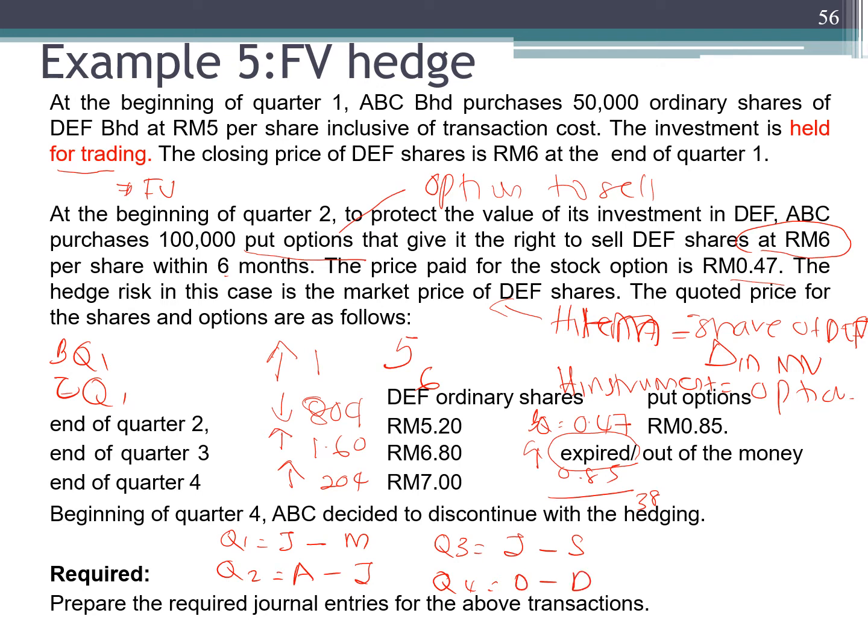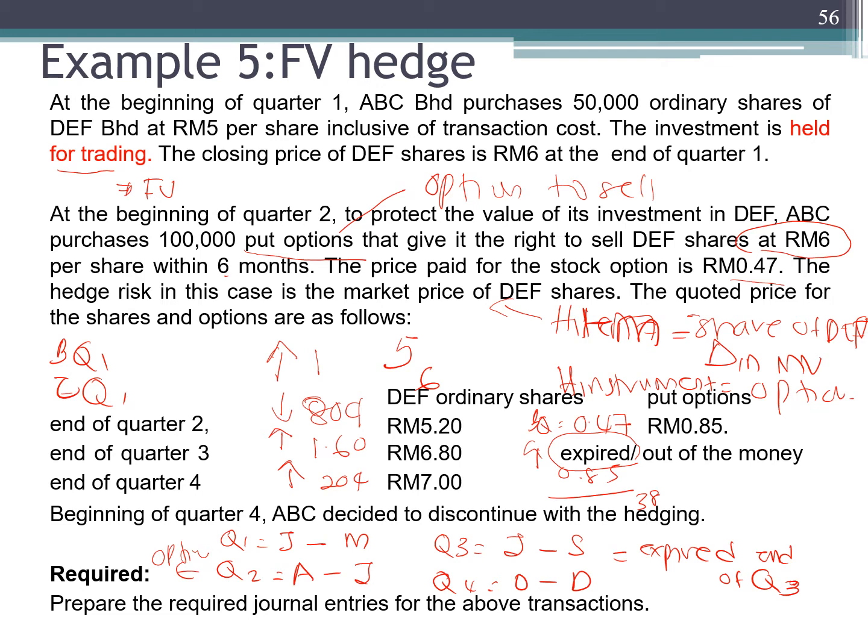So the option, you acquire it during quarter 2, so it is only for 6 months, so it is going to expire at the end of quarter 3, because the option here is only for 6 months.